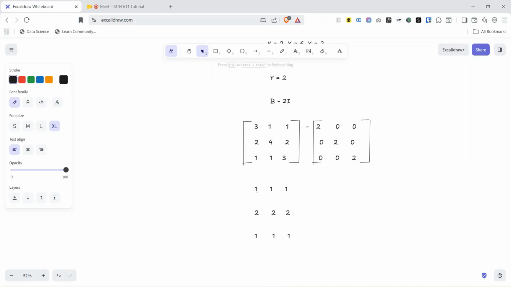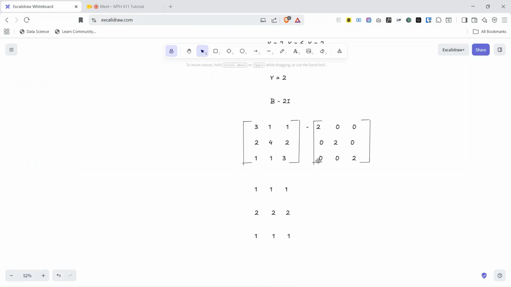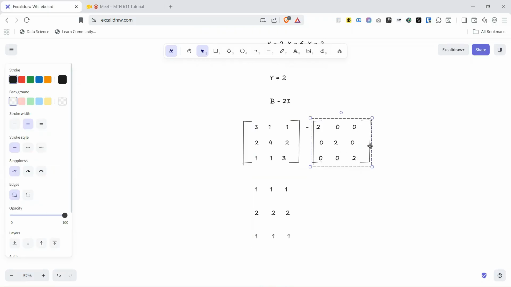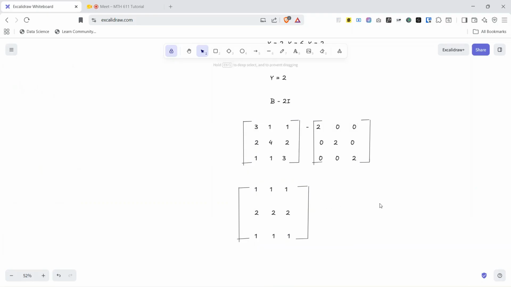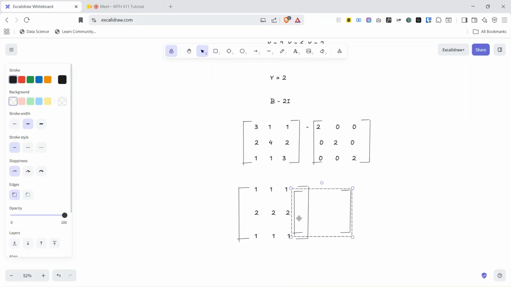So this is going to give us this matrix.